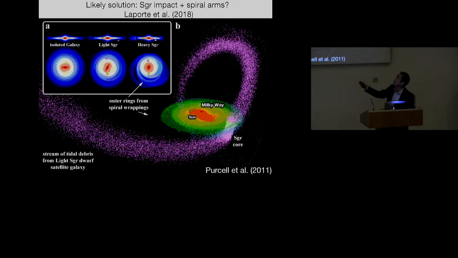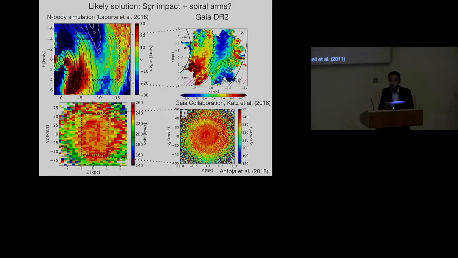In fact, Chervin Laporte recently showed his simulation, including the Sagittarius dwarf and also a self-gravitating disk model, and that's what he got. This is like an image George showed this morning. These are Gaia DR2 data and his simulations. This combination of the Sagittarius dwarf and the transient spiral arm can explain these features, although quantitatively it is a bit off.